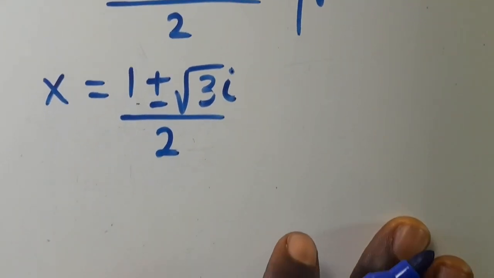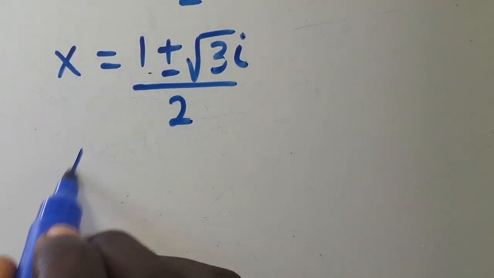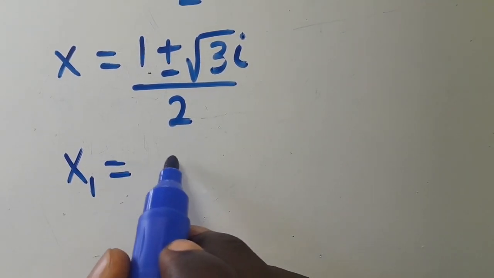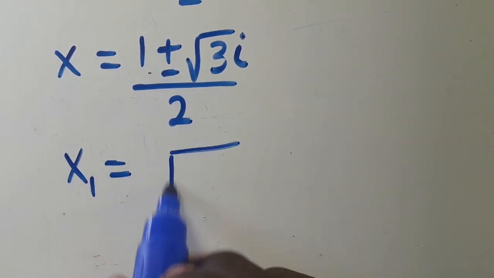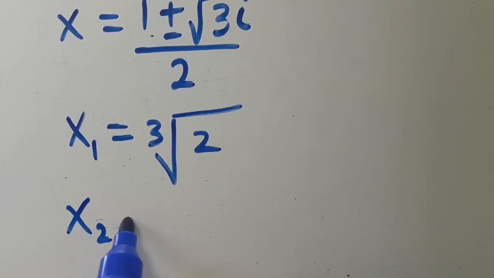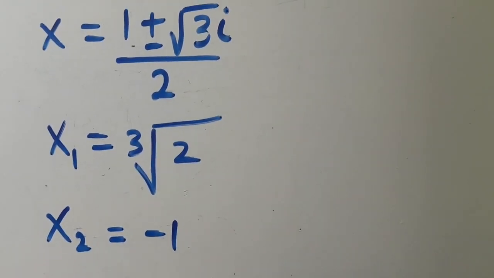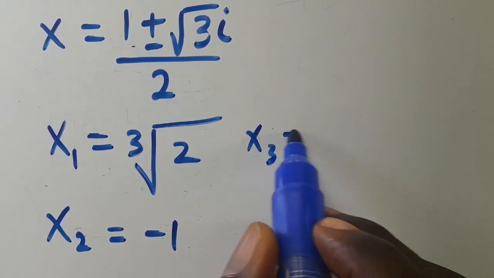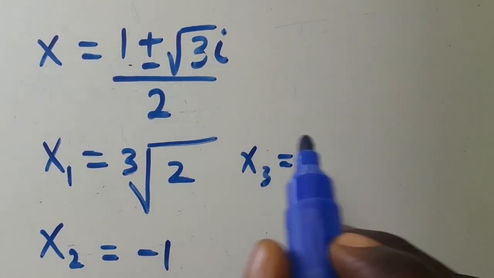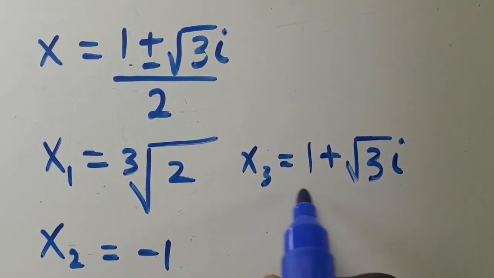Now, if you recall from the previous answer, we have x1 equals the cube root of 2. Then we have x2 equals minus 1. Then x3 equals, let's pick this one, let's go with plus root 3i divided by 2.